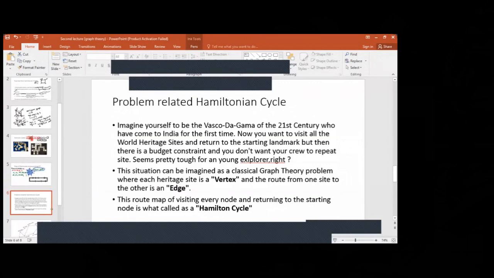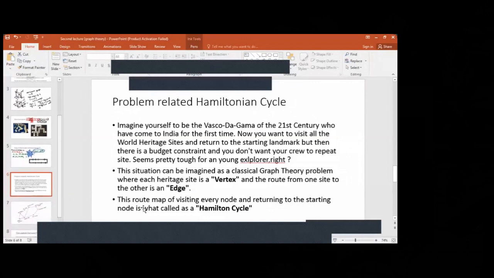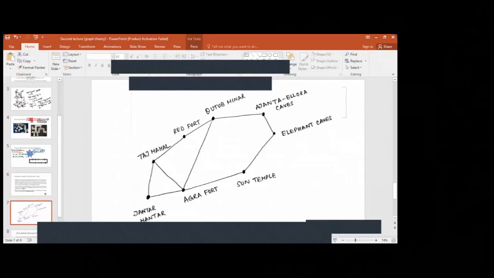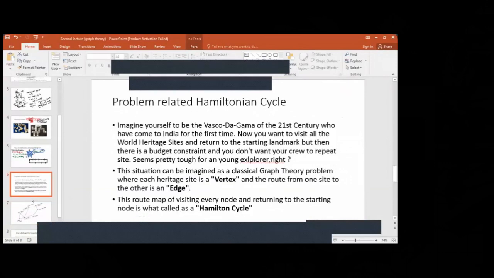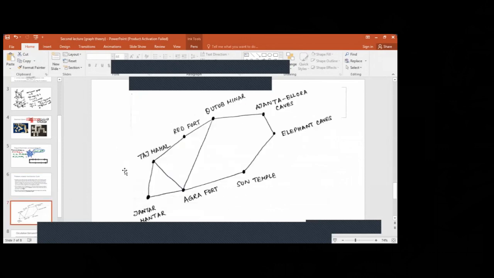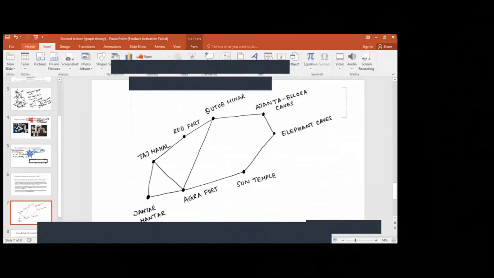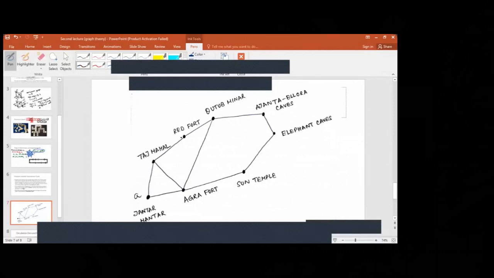For example, I have a graph like this one. These are World Heritage sites, let me label them A, B, C, D, E, F, G, and H, right?